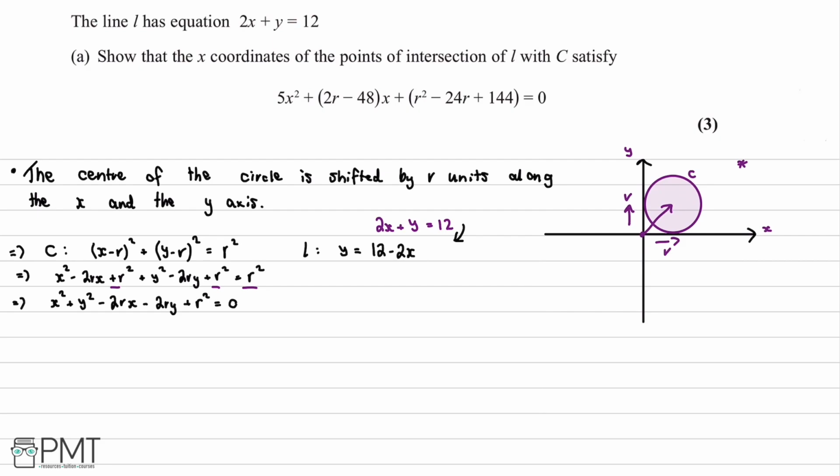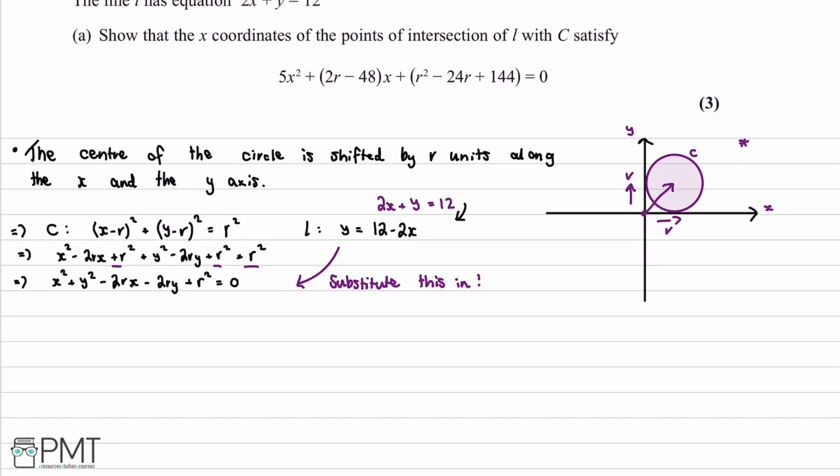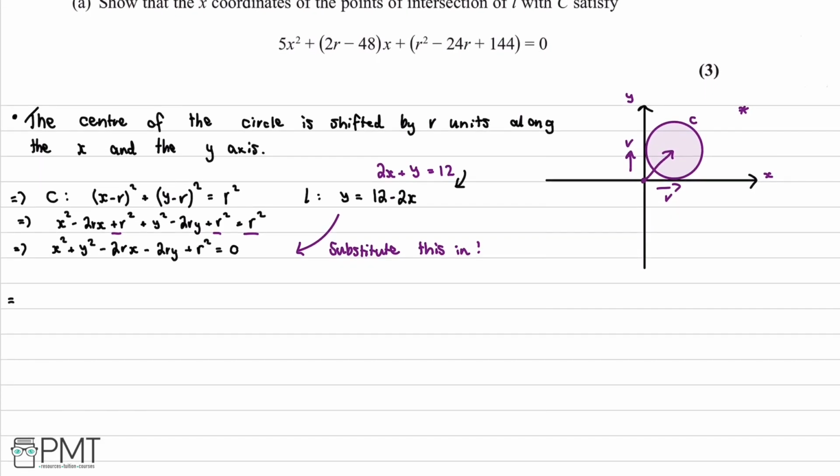So what we can do now is substitute this in, so I'll just write that in here. We'll substitute this in, so we're just going to do this as follows. So our x² stays the same. Our y², we're now going to have plus (12 − 2x), and we square that, and we're going to subtract 2rx.